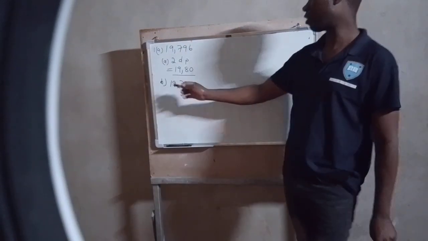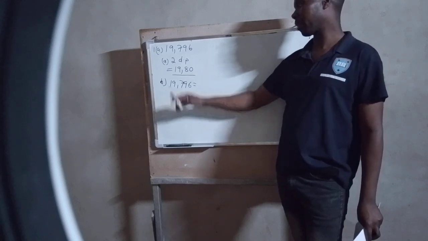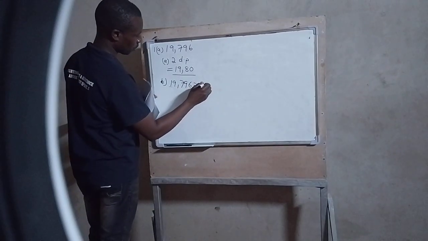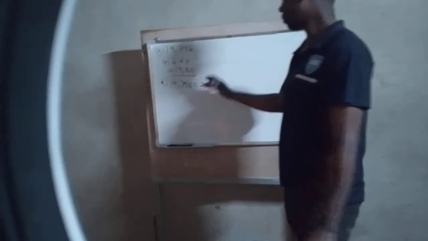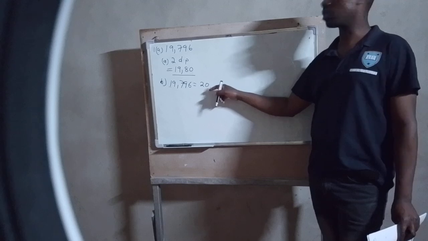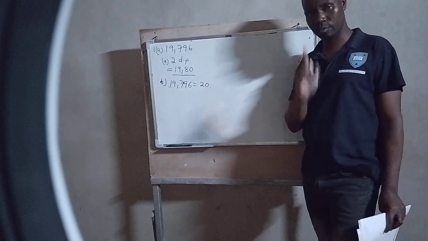So 1 significant figure is, we're going to look at the first digit here, which is 1. And the next to 1 is 9, so we round up here, and it becomes 20. So to 1 significant figure, this is 20. The 0 here is very, very significant, because it's for correct place value.